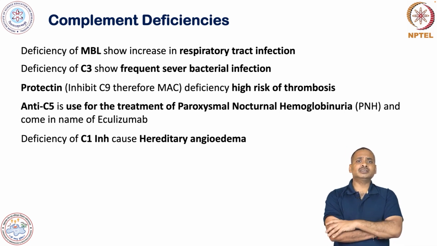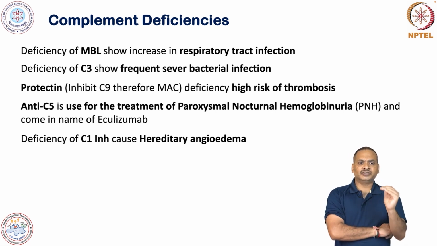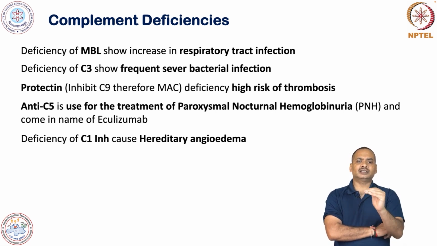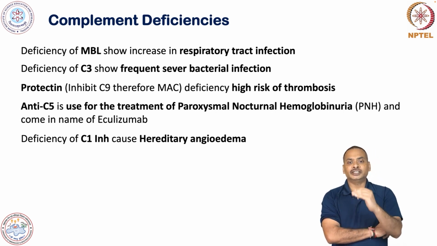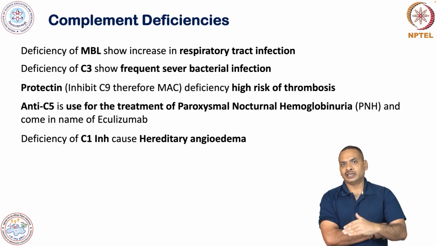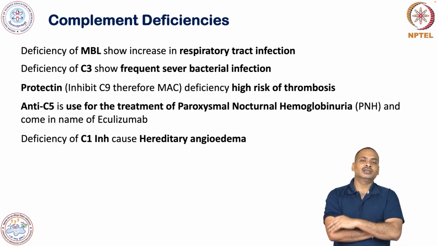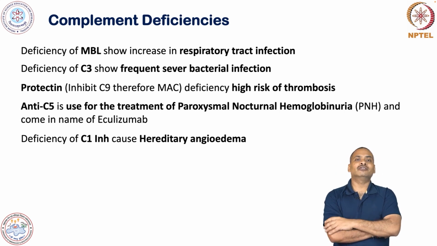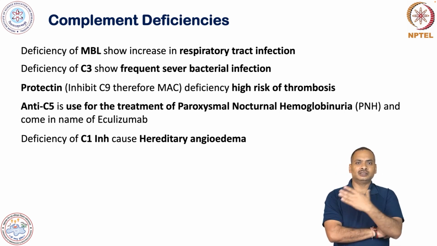I have already discussed that a deficiency of C1 inhibitor causes hereditary angioedema. I have explained in more detail that these individuals will develop swelling anywhere in their body.